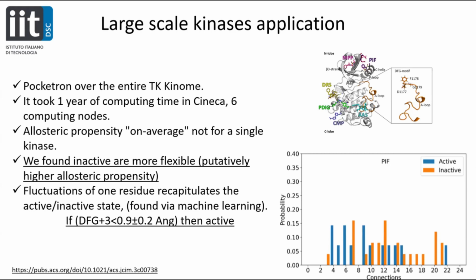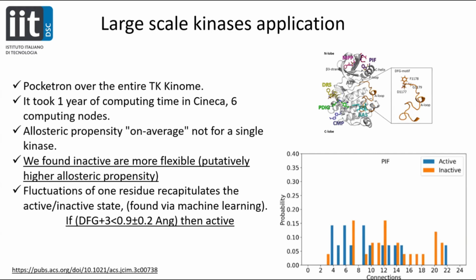pocket in the kinases. In kinases we know almost everything. We have the map of allosteric pockets. We know many things, so it's a very nice test bed in which you can try to see what happens. And then you have your pockets, and you know which are the allosteric ones. What you can do is build this probability plot on the average propensity, this distribution, of creating connections for each pocket.